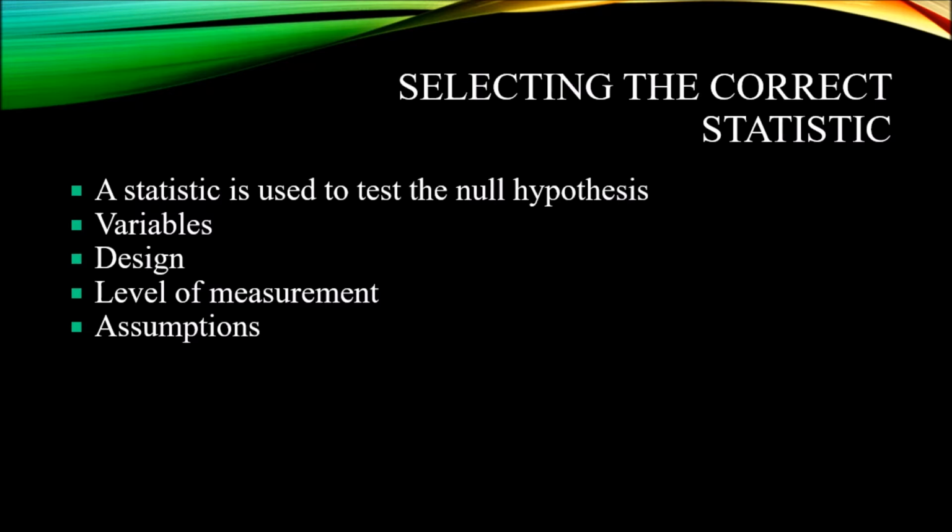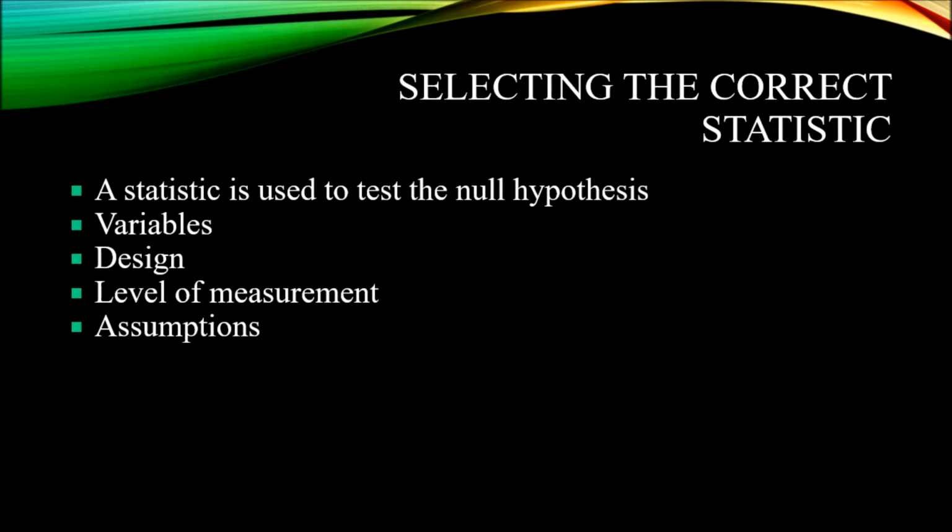A popular assumption is the assumption of normality. Another popular assumption is the assumption of homogeneity of variances, also known as homoscedasticity. It's important to keep in mind as well that non-parametric statistics also have assumptions. Usually they're much easier to meet than parametric statistics, but they do have them.